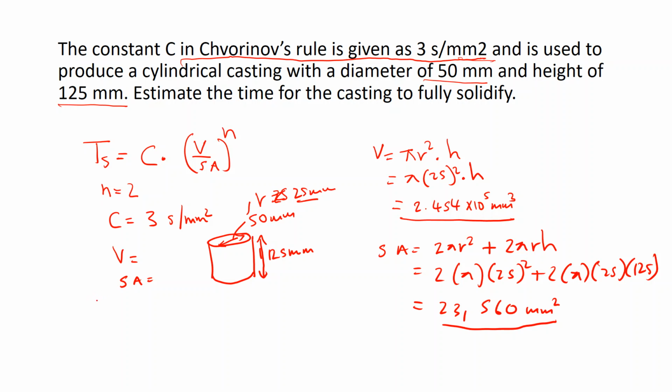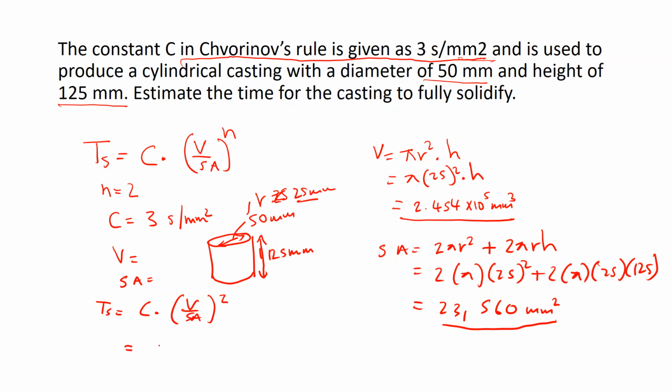So now I apply the same formula here. Ts is equal to C, let's put the formula down here again, times volume over surface area to the power of 2, which is basically n.